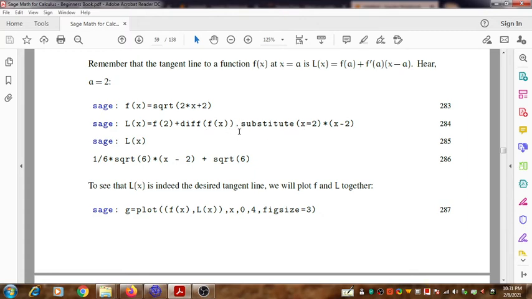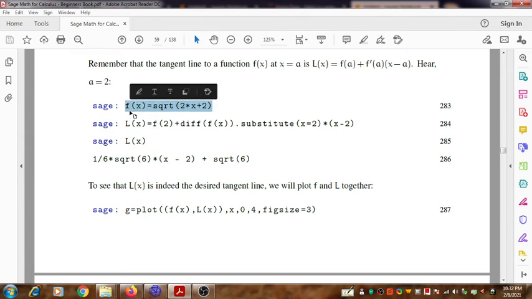So for that, dot substitute x equal to 2 must be there, then the quantity you obtain must be multiplied by (x minus 2). And then, for taking the equation of the line as output, you have to write L(x) again. We are going to implement that in SageMath.